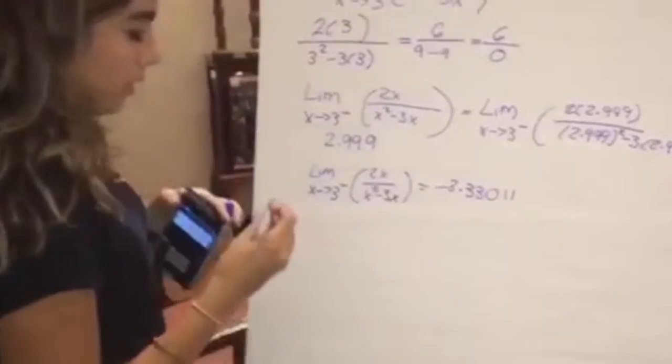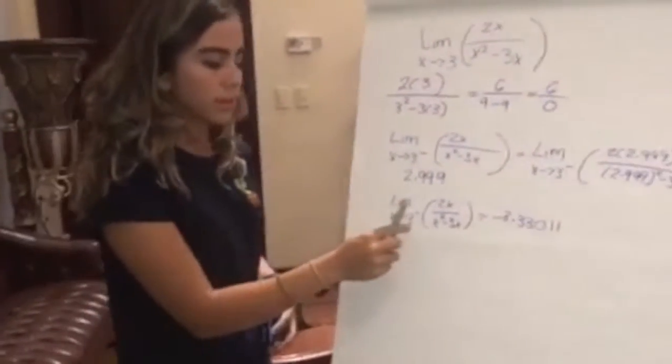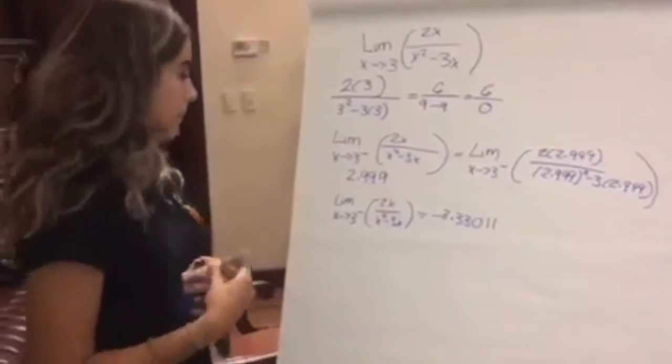8.33011. Now we evaluate the limit from the positive side using a number slightly bigger than 3. In this case, we will use the number 3.001.